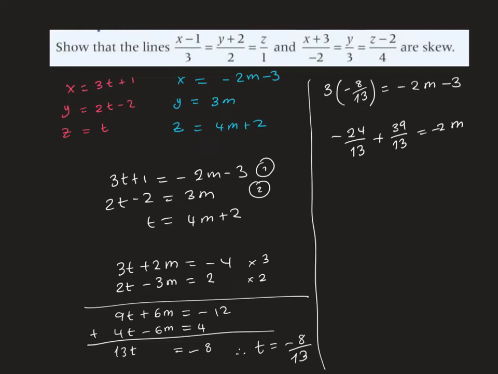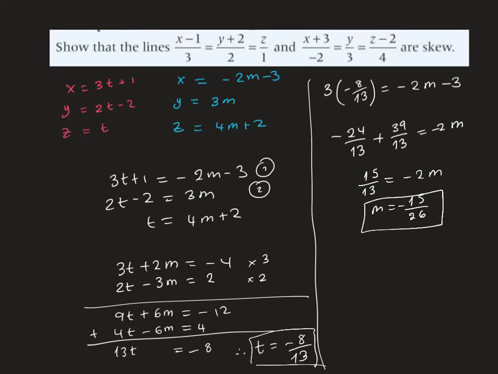So 39 minus 24, that is 15 over 13 equals minus 2m, which means m has to be 15 over minus 26. Okay, so we got a value of t, we got a value of m.